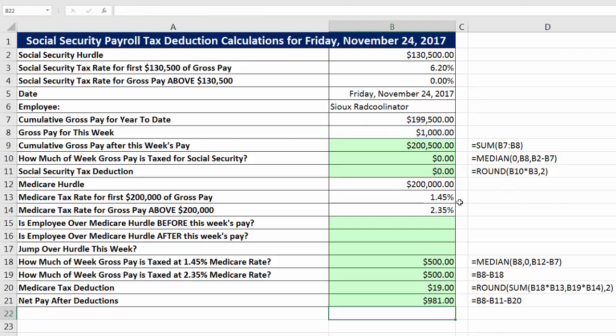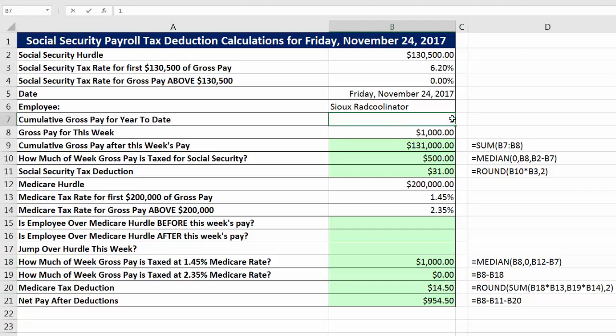Now, that solution right there, no matter what we type in, will give us the correct 2 tax deductions and the net pay. So I'm going to change this to $129,000. And when I hit Enter, it got the correct amounts here and for Medicare. $130,000. Ooh, it got the correct taxable amount and tax deduction there, and the correct amount down here. 1,000, 0, and then the total tax.